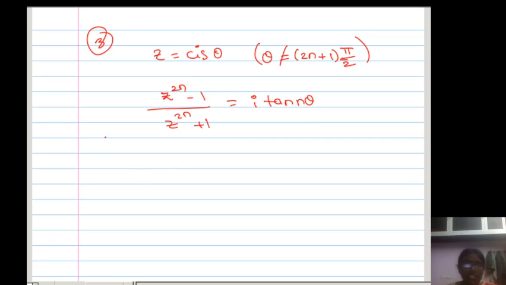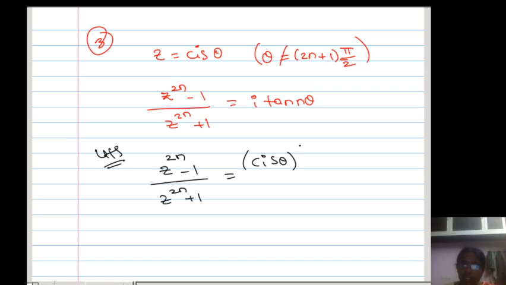So how do we take this LHS equal to RHS? Let us simplify here. How to simplify the LHS? Z equals cis theta, substitute here, where theta is not equal to an odd multiple of pi by 2. The LHS is z power 2n minus 1 by z power 2n plus 1. Since z is equal to cis theta, you can substitute here: (cis theta) whole power 2n minus 1 by (cis theta) whole power 2n plus 1.